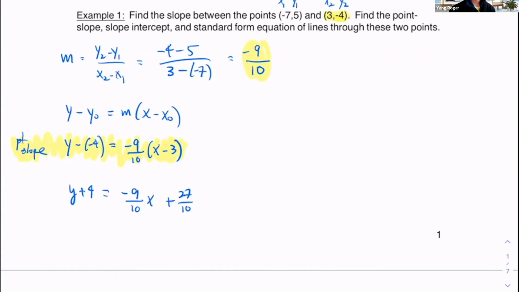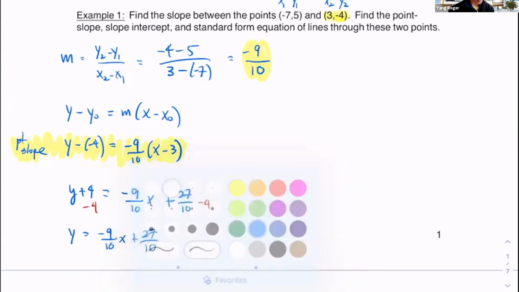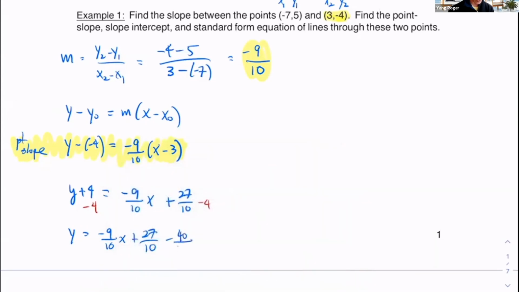And then we can move the 4 to the other side. So we're going to get y is equal to -9/10 x plus 27/10. If I subtract 4 from both sides, -4 and a -4 over here, that's going to turn out to be -40/10, right?